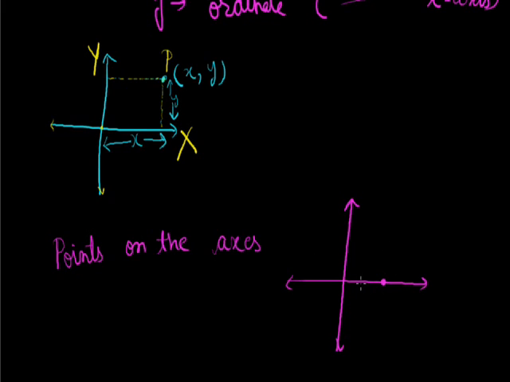So we may write the point as x and the y distance is 0. And if a point is on the y-axis, then its coordinate may be written as 0, y, because its distance from the y-axis is 0, that is the x coordinate.